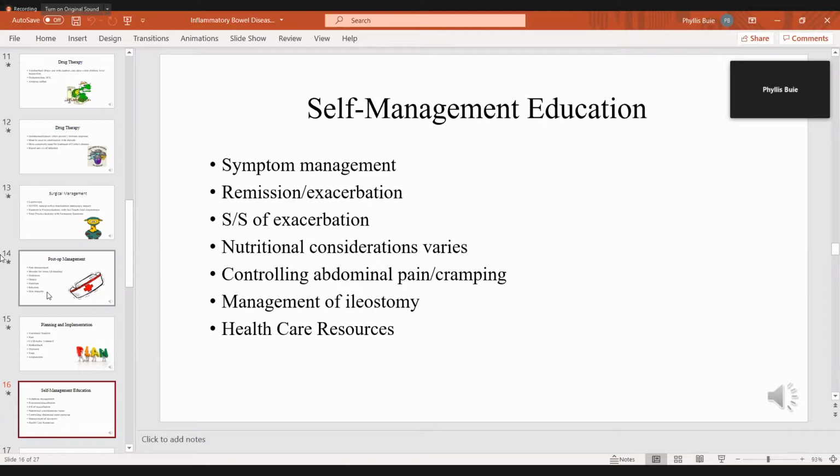Whenever an ileostomy is first placed, usually the stool is kind of a dark green and liquidy. Then as time goes on, it thickens up a little bit and becomes a little more pasty.